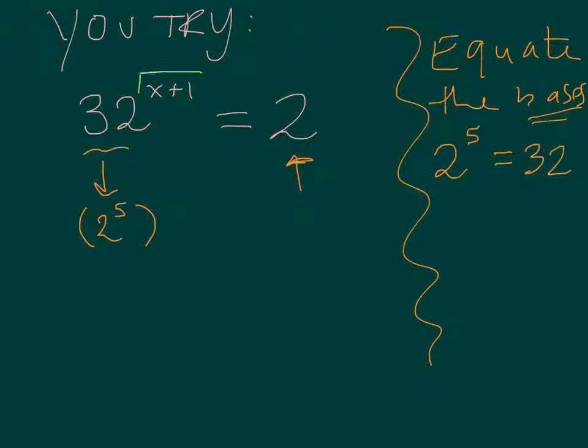We remember that that's raised to the x plus 1, so I'm just going to rewrite it, x plus 1, is equal to 2. Now this 2, even though I don't have an exponent written, is actually raised to the 1.